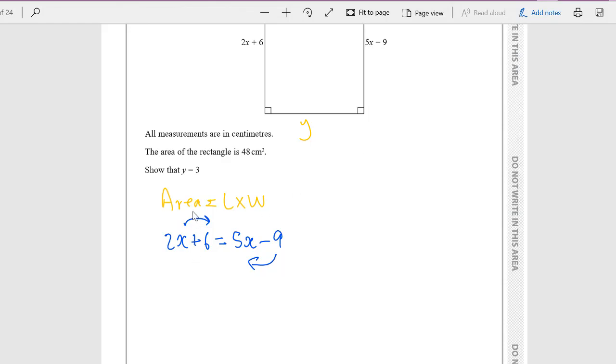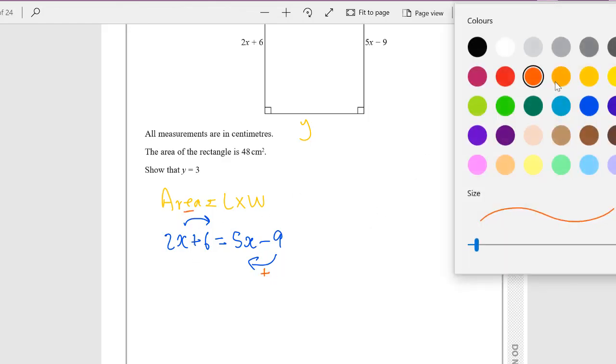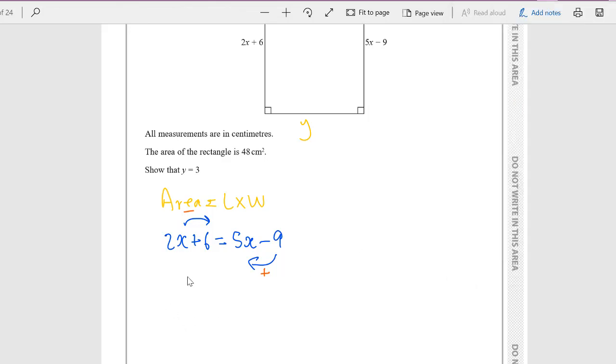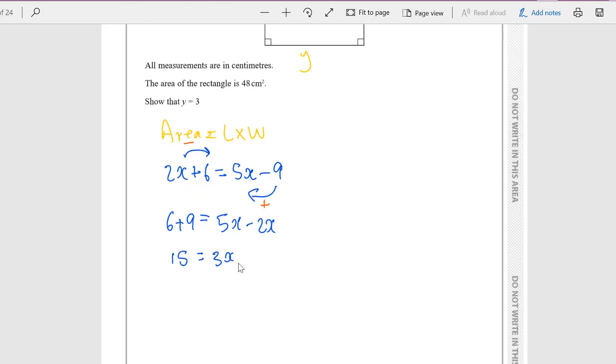So we know that this is going to become negative, this is going to become positive. So we'll get 6 plus 9, and then 5x minus 2x. So here we'll get 15 equals 3x. So that tells us x is going to be equal to 5.